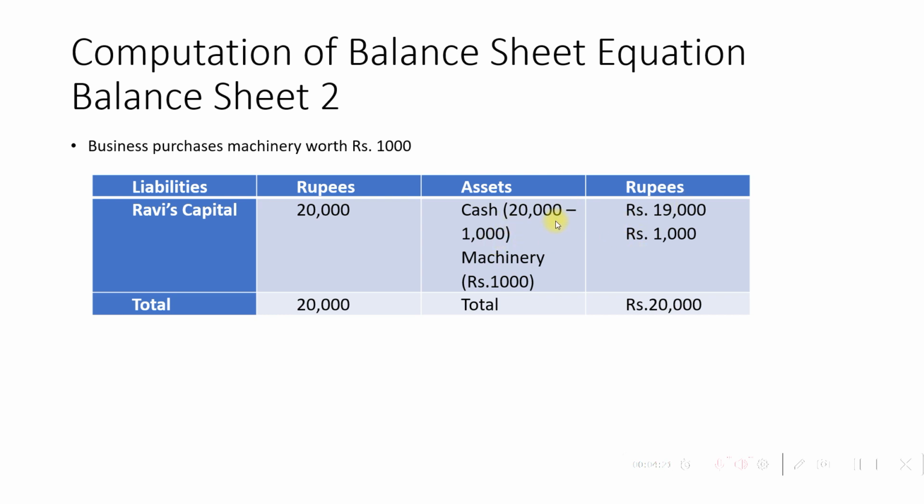The cash asset which the firm has is now only rupees 19,000, and then there is an extra asset, machinery, which is rupees 1,000. So the total asset remains rupees 20,000, and Ravi's capital is rupees 20,000, and it tallies.